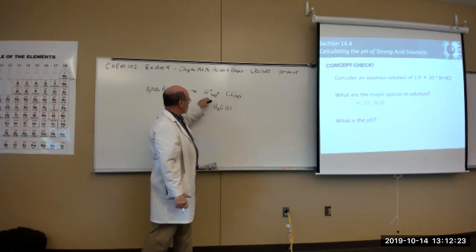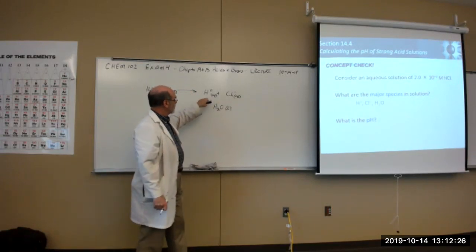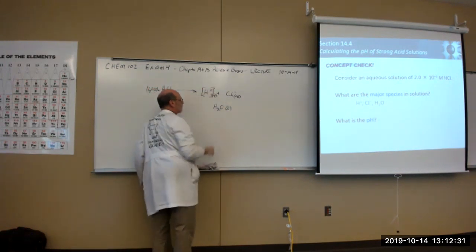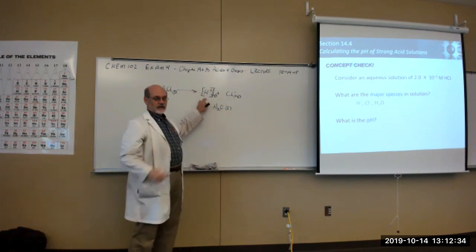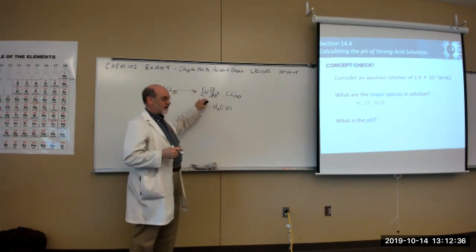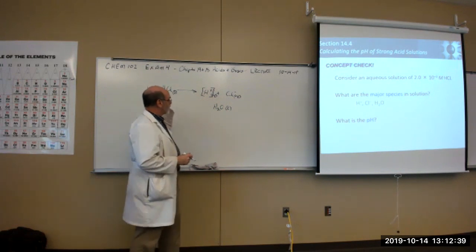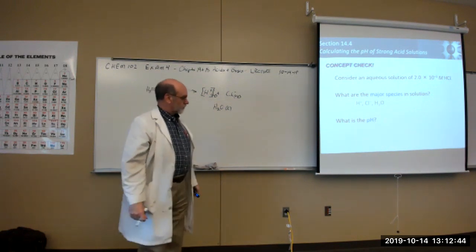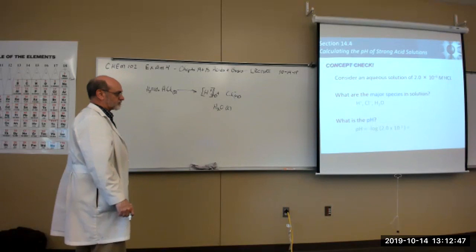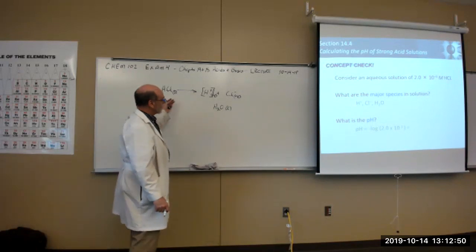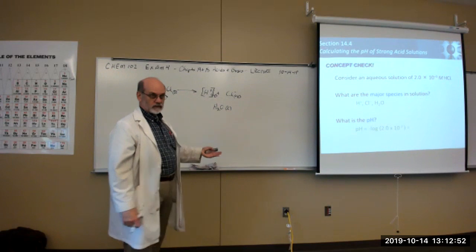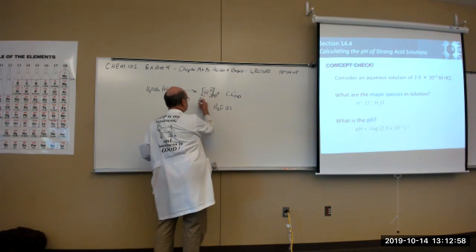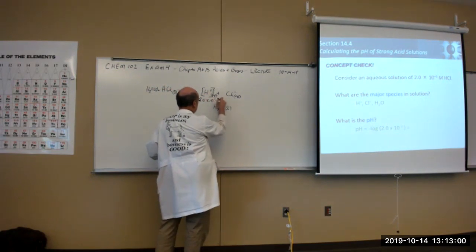So these are the major species, and the pH is determined by that concentration right there, whatever that happens to be. And what does this depend on? We know that hydrochloric acid is strong, so that means if we put so much in over here, we're going to get all of it over here. We know the concentration then is 2 times 10 to the minus third molar HCl, which means this is also 2 times 10 to the minus third molar.